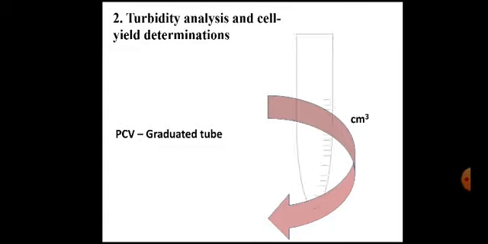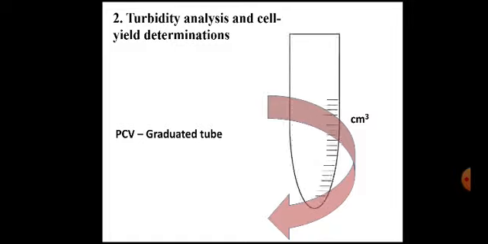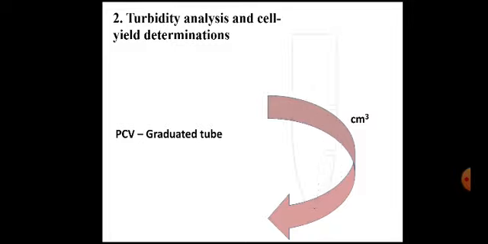Whatever the preparation is, whose turbidity we want to measure or whose biomass we want to measure, it is poured into this tube. Then this tube is centrifuged, and finally the mass of microbial biomass which is gathered at the bottom can be measured in terms of cubic centimeter.